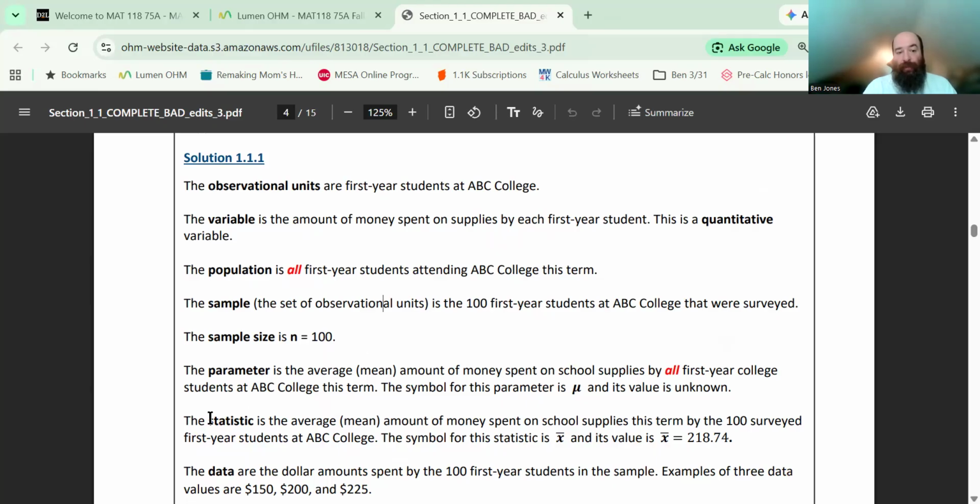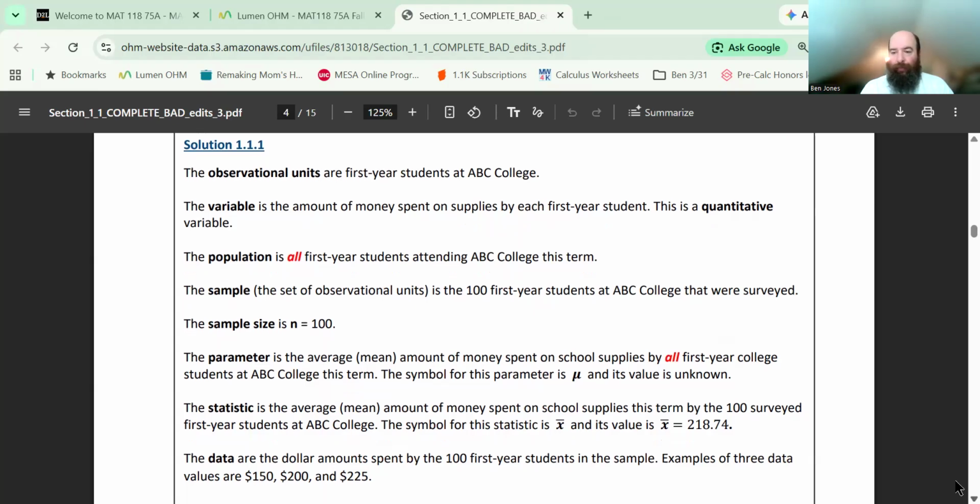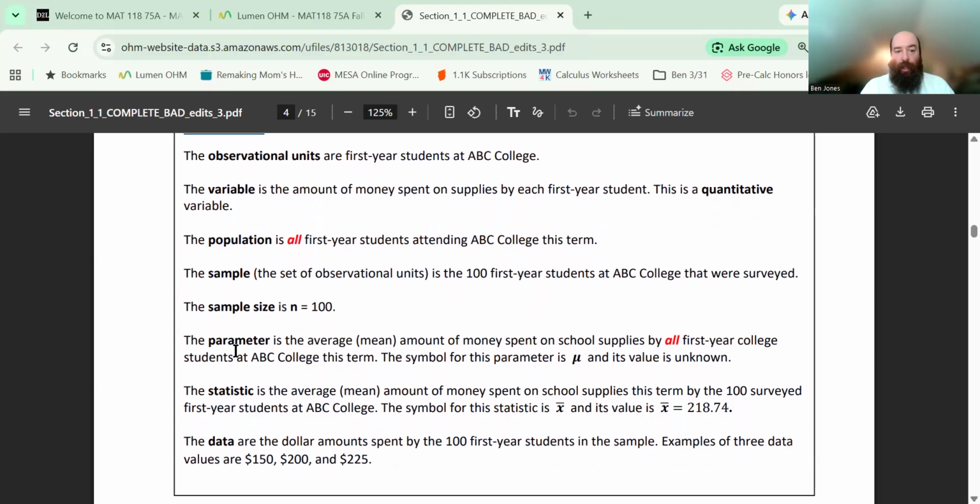So the sample gives us a statistic, and you can think of this with alliteration. Population parameter, P and P. Sample statistic, S and S. The statistic is usually a regular letter, though often with extra symbols on it. So the sample mean, or the mean amount of money spent by the 100 students, we're going to use x bar, or x with a bar over it.